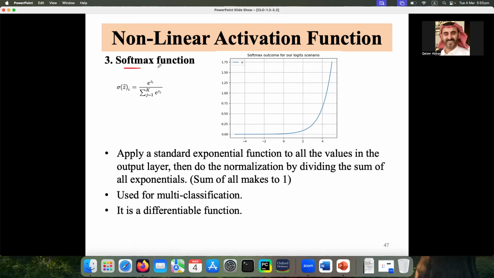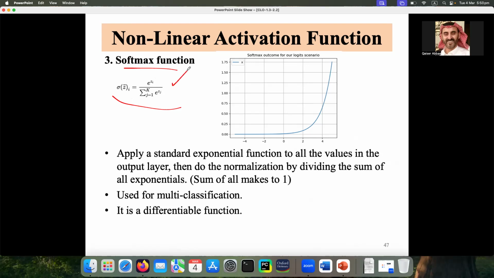Moving next, softmax. This is the equation for the softmax. The sigmoid was 1 over 1 plus e raised to the power minus z, which is now finished. Now you have softmax of zi equals e raised to the power zi divided by the sum over j equals 1 to k of e raised to the power zj.